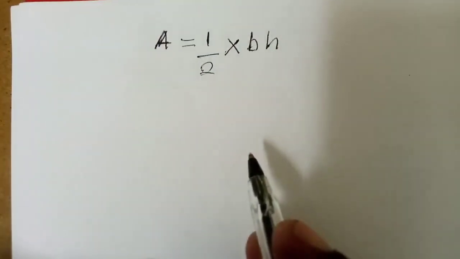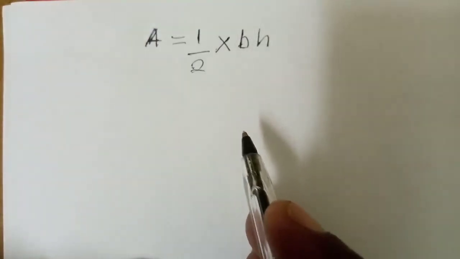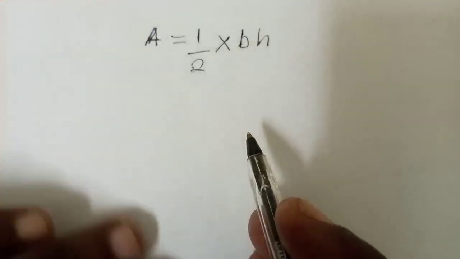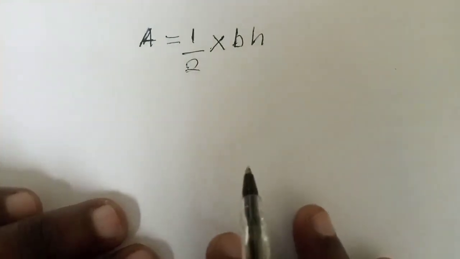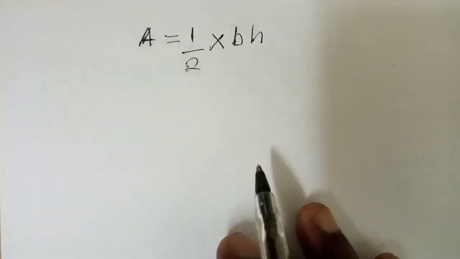If you remember this formula, it is the formula that we use to find the area of a right angled triangle, and this is the same formula that we use to find the shortest distance.